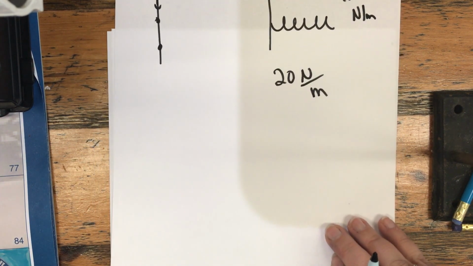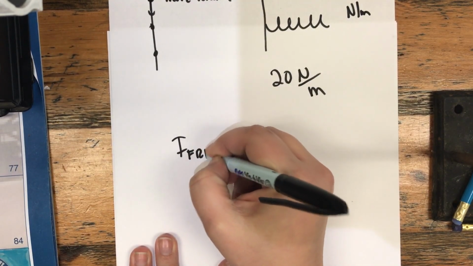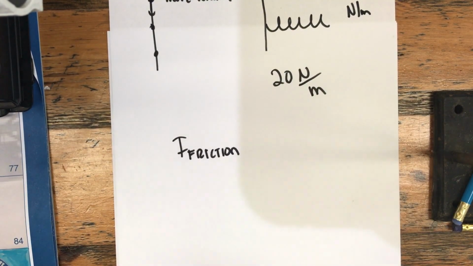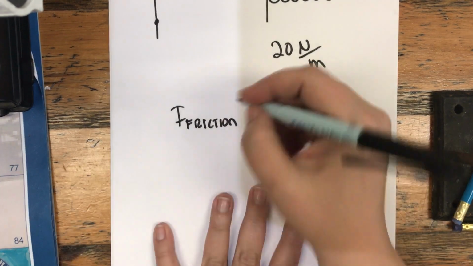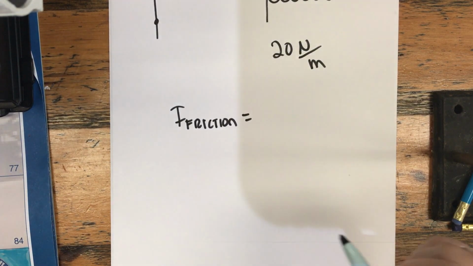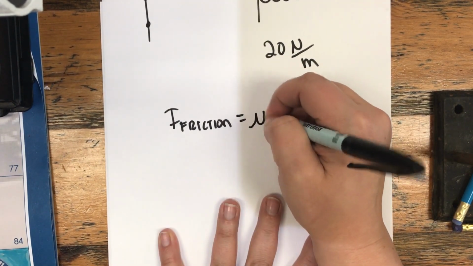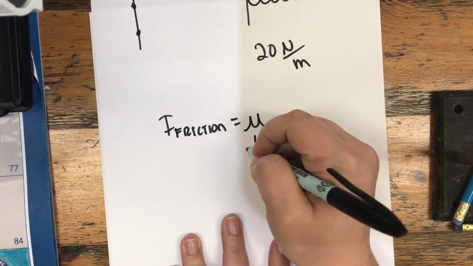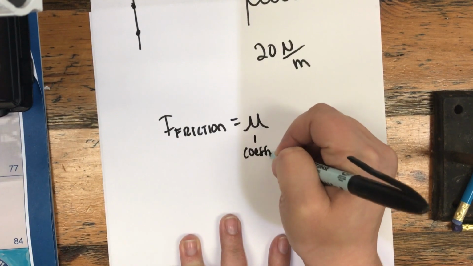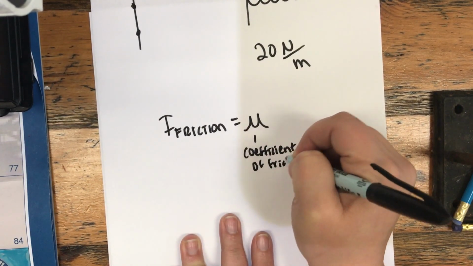All right, and then the last force that I want to mention in this video is friction. So the force due to friction, right? It's affected by two different factors. One is a property of the surface, which is called the coefficient of friction. It's a mu. It looks like a cursive U. So coefficient of friction.